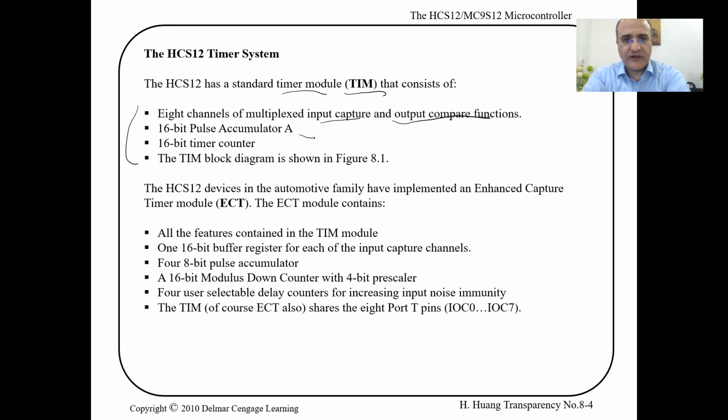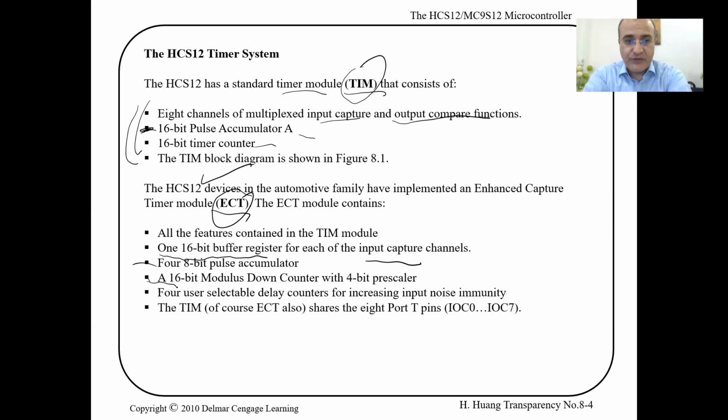It has a 16-bit pulse accumulator to count pulses, a 16-bit timer counter, a free running counter, and an enhanced timer module, the ECT, and the HCS12 we're using in this class is among those that have an ECT. In addition to these, it also has 16-bit buffers for the input capture channels, and in addition to the 16-bit pulse accumulator, four 8-bit pulse accumulators.